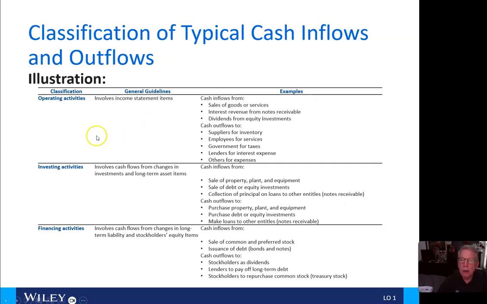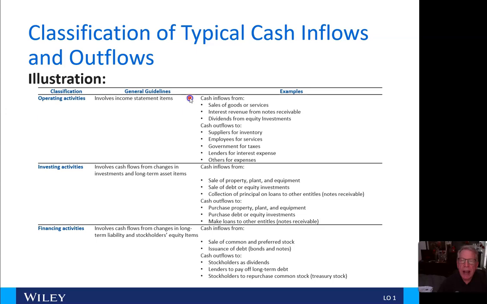So if we look at an illustration here, our operating activities involve income statement items, and I like to say current assets and current liabilities.